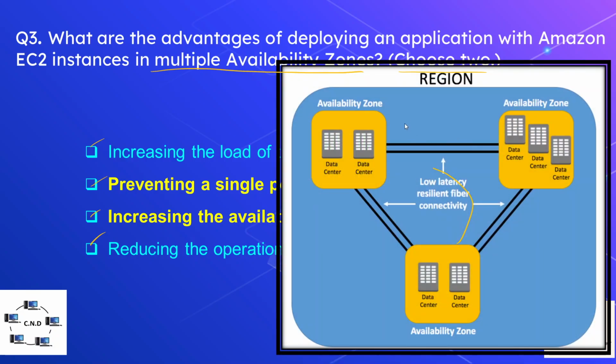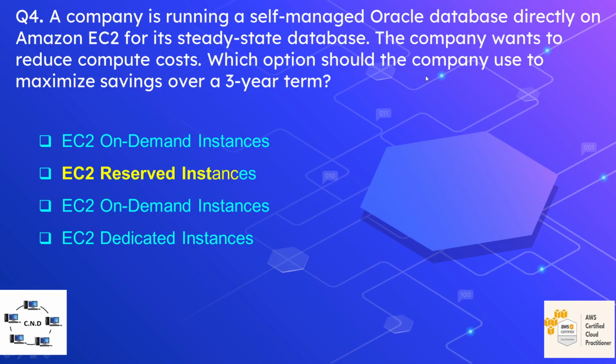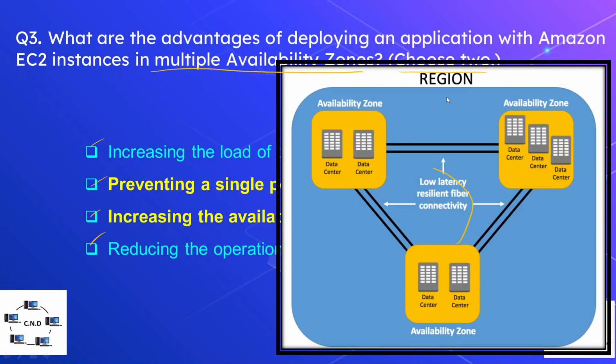So this is the concept of the availability zone. At the bigger level, we have the regions, and inside the regions we have multiple availability zones. Let's say this is availability zone 1, this is 2, and this is 3.